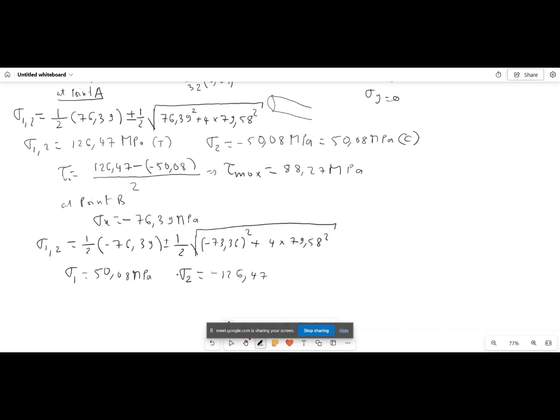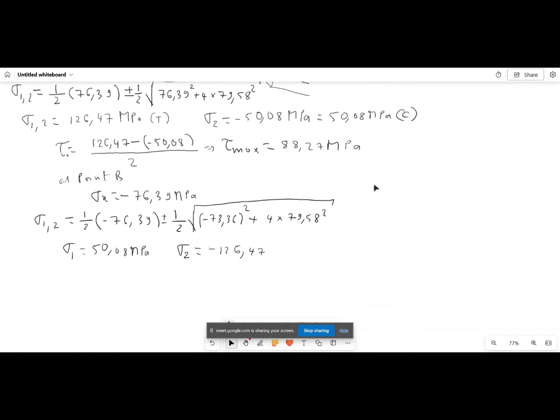The maximum shear will be the same. The only difference is now you start with 50,08 minus 126,47, which is the same thing.